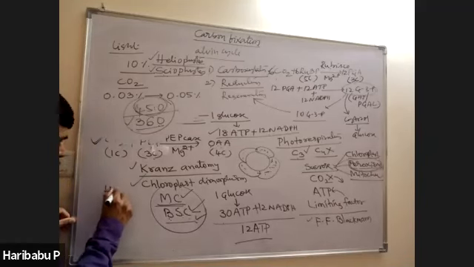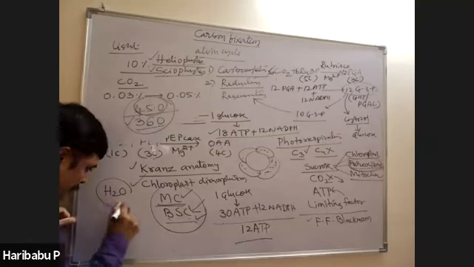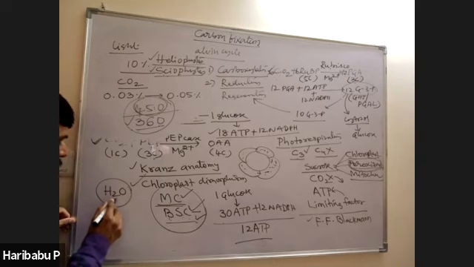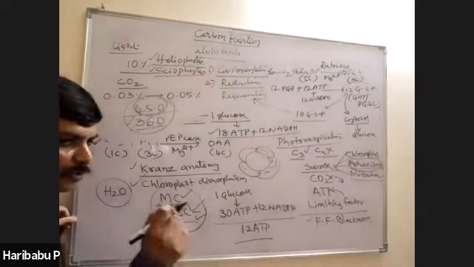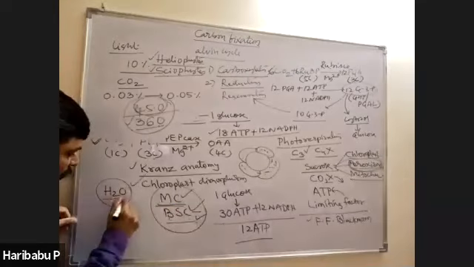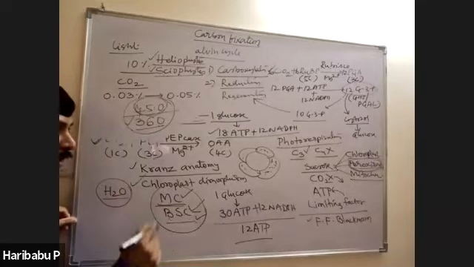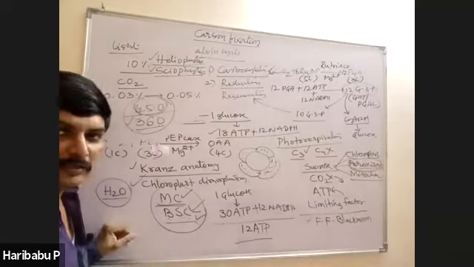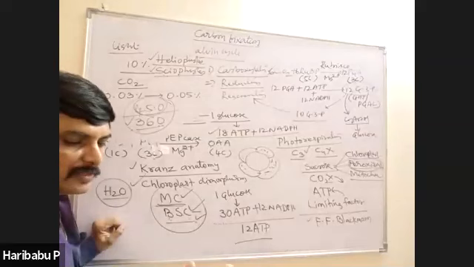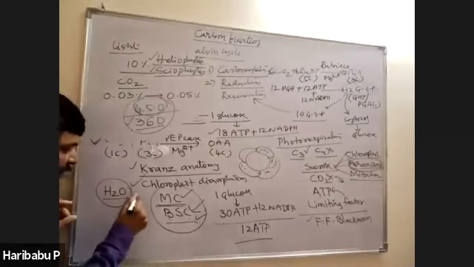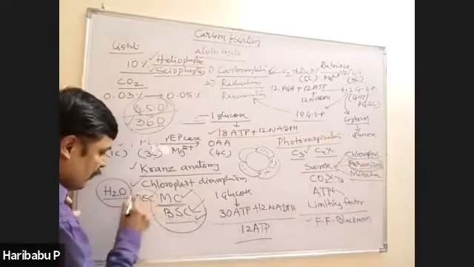water. Yesterday we have seen, who is the donor of electrons to PS2? Water. There is one complex called OEC, you know that. OEC is composed of calcium, magnesium, manganese and chlorine. These elements combined form the oxygen evolving complex.